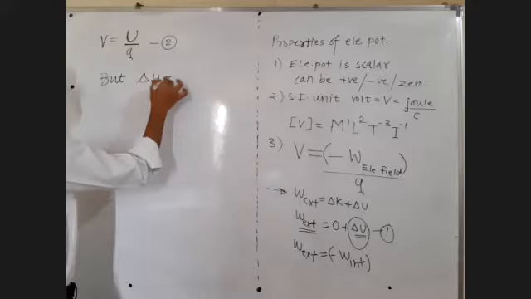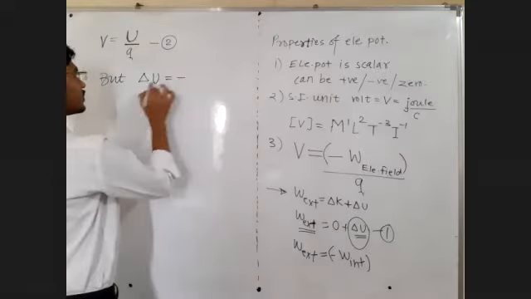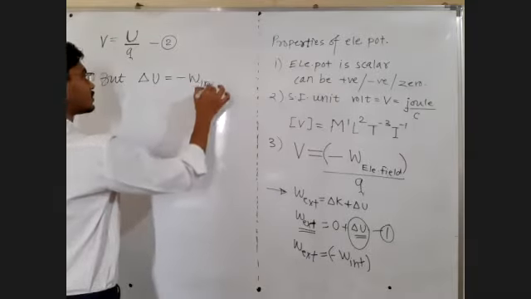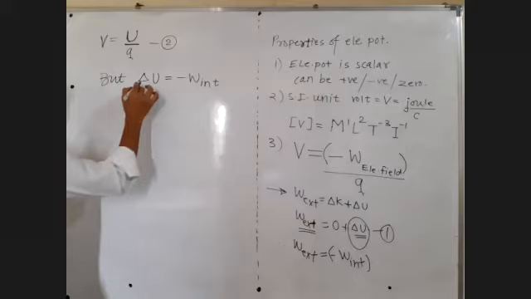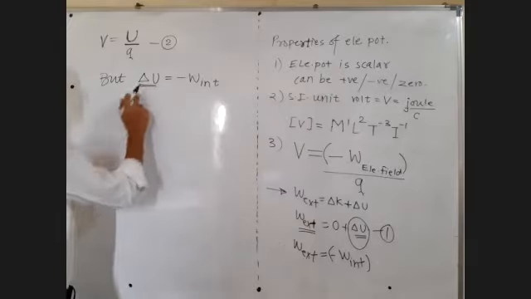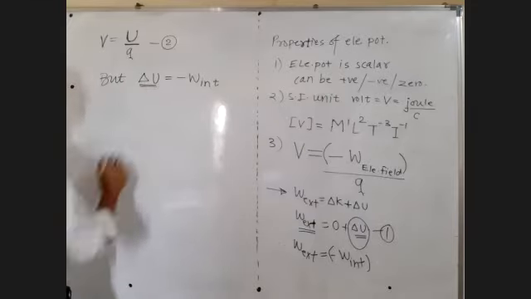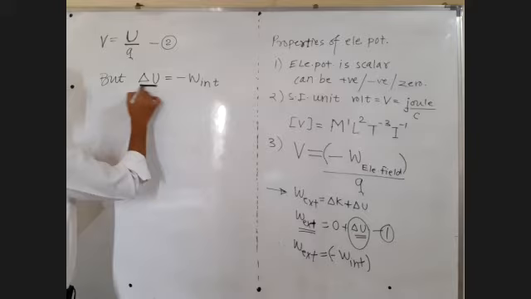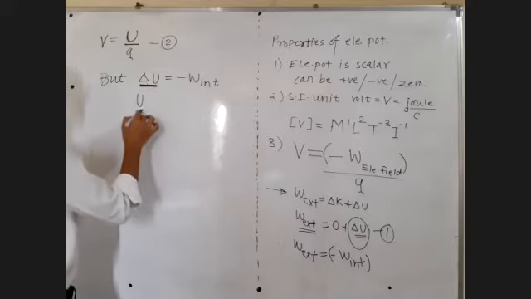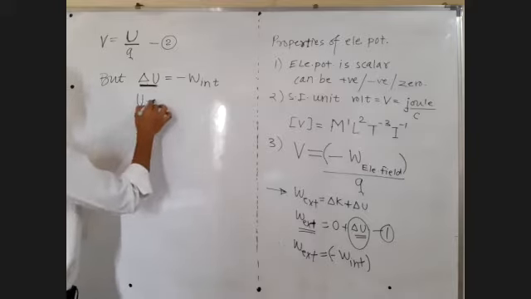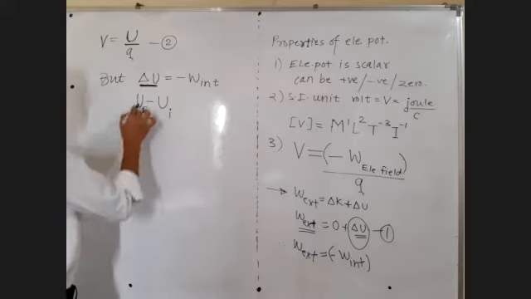Not that difficult. What is this? Delta U, final minus initial. What is final?